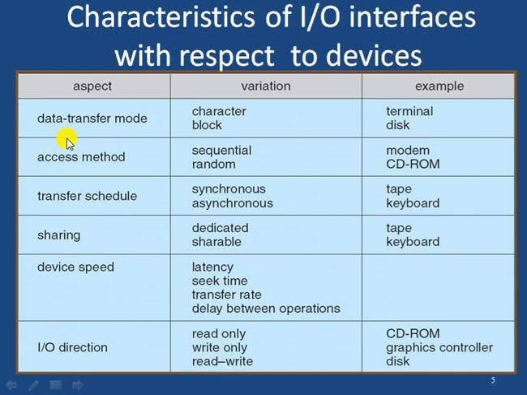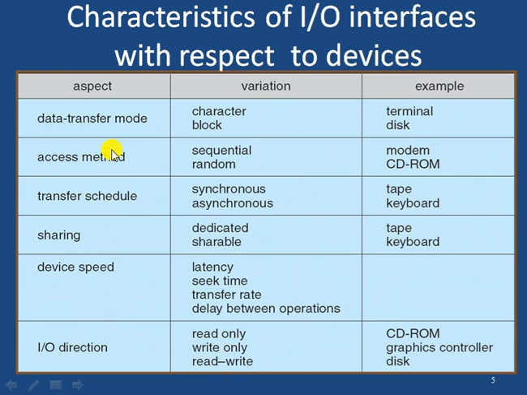The first one is data transfer mode, how data is transferred. Some devices follow character by character data transfer, and others block by block. Terminals follow character by character data transfer. Disks, hard disks, etc., follow block level data transfer.